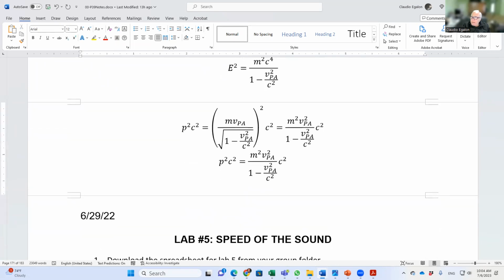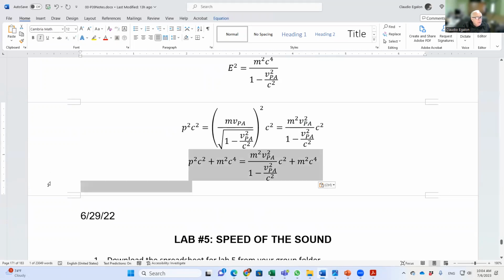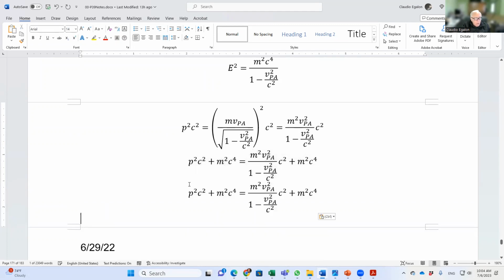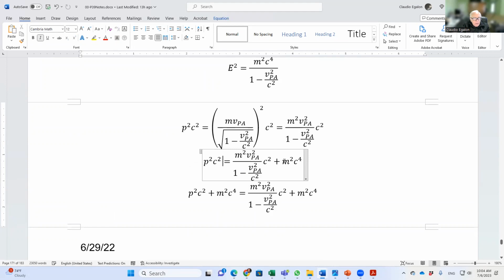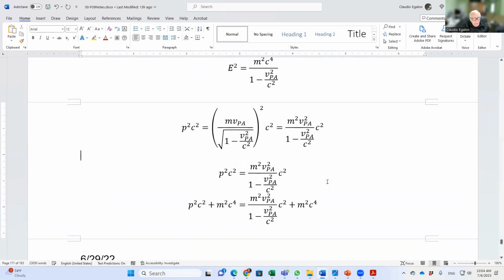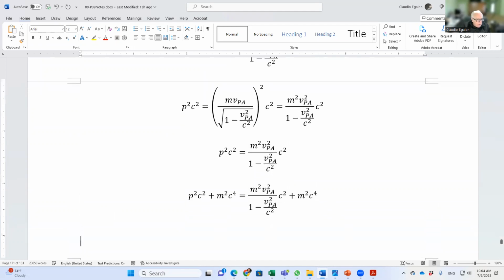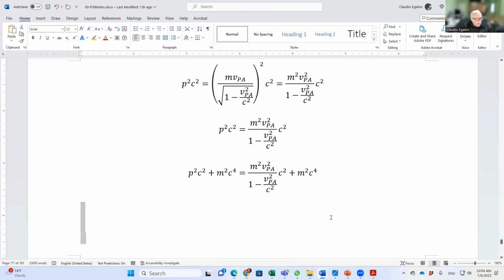And what we do next, we're going to sum this term to the square of the rest mass. And let's see what we get, left and right. Ideally, we should be putting this term here separately. So we have an explicit relation.